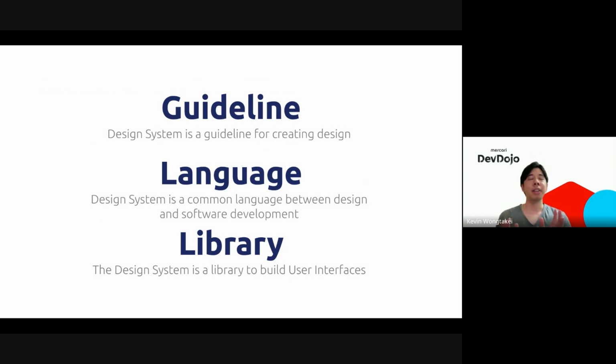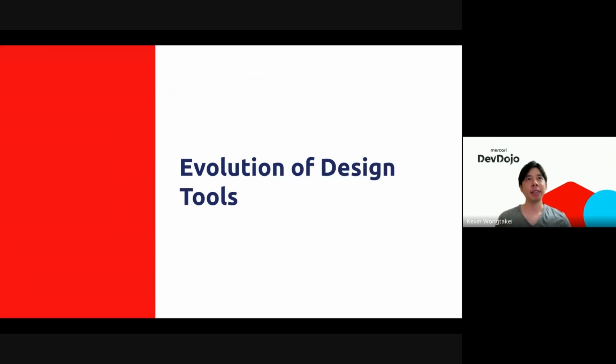Right, we are about halfway through the session, and the next topic is a very small topic, but we're going to talk about the evolution of design tools, like which kind of design tools we have historically used to convey and design UI, user interfaces.